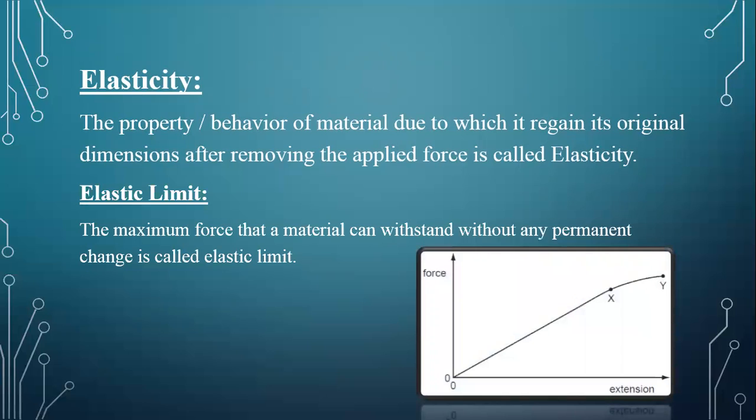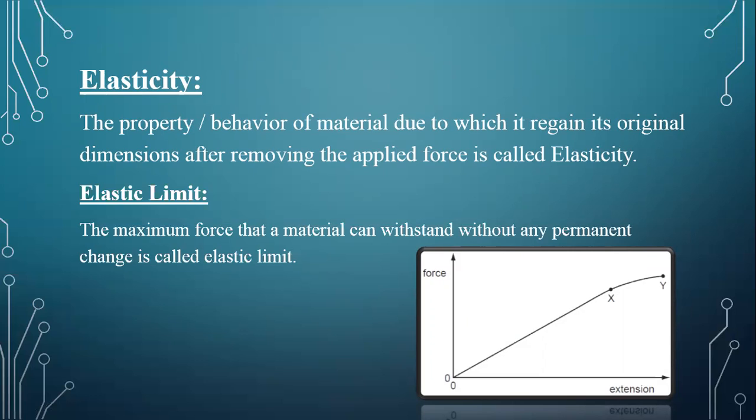जैसे आपके पास ये स्ट्रेस स्ट्रेन कर्व और फोर्स एक्सटेंशन ग्राफ is given. So in this force extension graph up to point x there is proportional limit. यहाँ तक जो फोर्स और एक्सटेंशन है they are directly proportional to each other, and from x to y, this y is the elastic limit. कि यहाँ तक जो भी चेंज आएगी उस सब्सटेंस में वो टेम्पररी चेंज होगी, आर्जी तौर पर होगी.